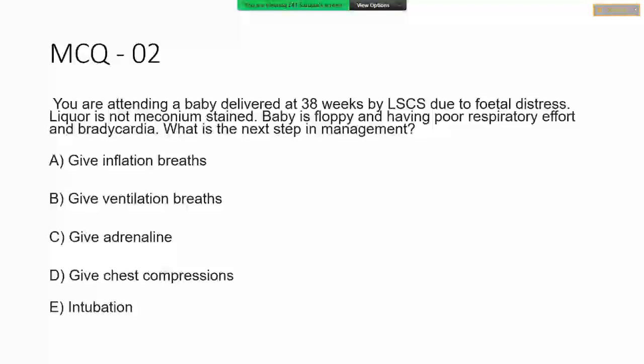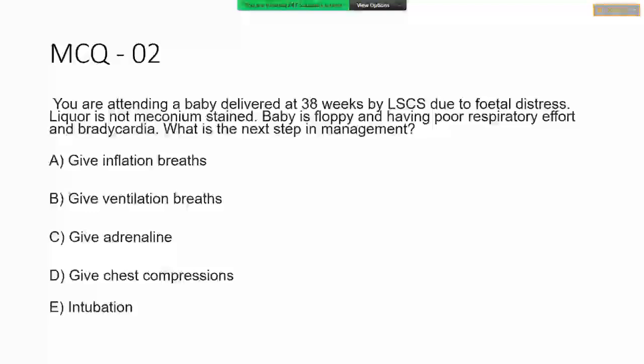So what we have to do next is directly go for the ventilation breaths. If the child doesn't have any breathing, if the child looks like a blank one, then we will go for the inflation breaths first, then the ventilation breaths. But here, the child is having some kind of respiratory effort. The child is trying to gasp for oxygen.